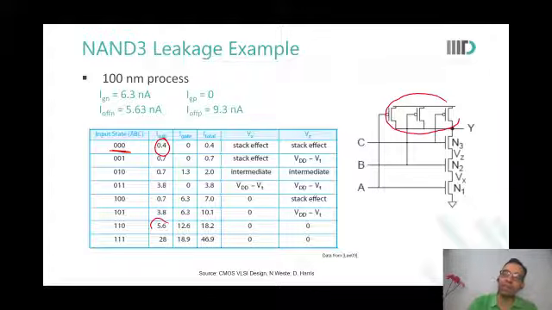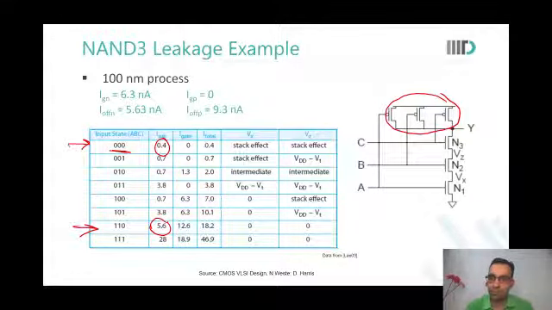Then an entirely different leakage mechanism has come into picture. But until here, we are looking at the effect of the body terminal only, like the body effect only. Over here, there is no body effect. But over here, there is a full body effect coming into picture, both on Vx and on Vz.